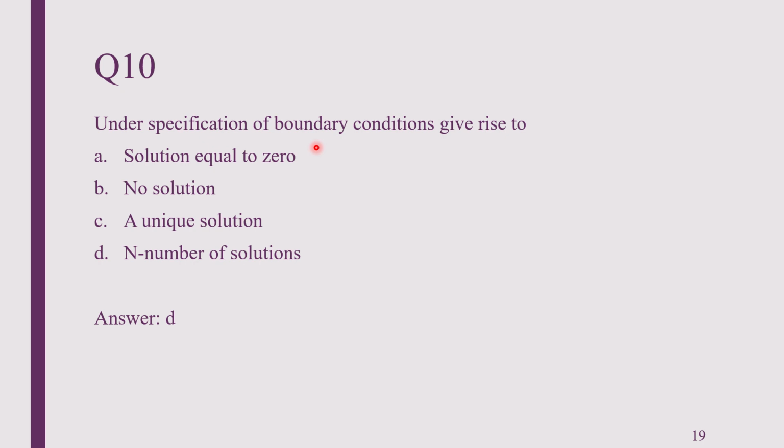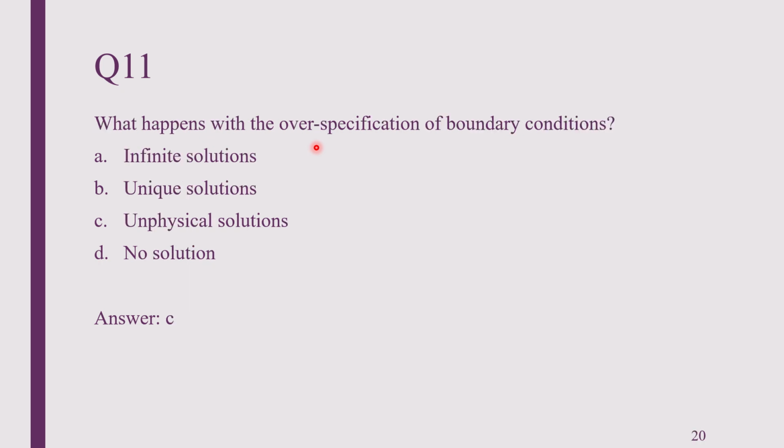So question 11 is a reverse of that previous question. What happens with the over specification of boundary conditions? In the previous question, it was about what happens with the under specification of the boundary conditions, whereas in this particular question, it is about what happens when we over specify the boundary conditions. So over specification leads to infinite solutions, unique solutions, unphysical solutions, or no solutions.